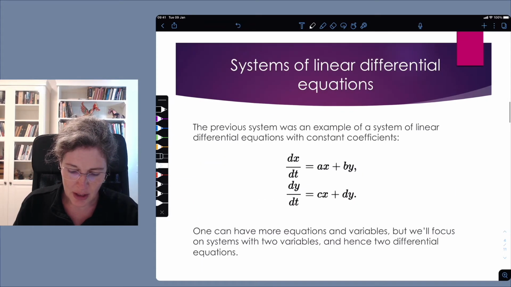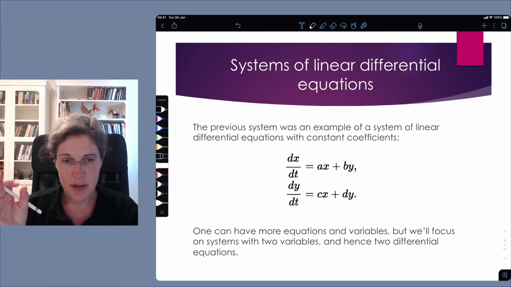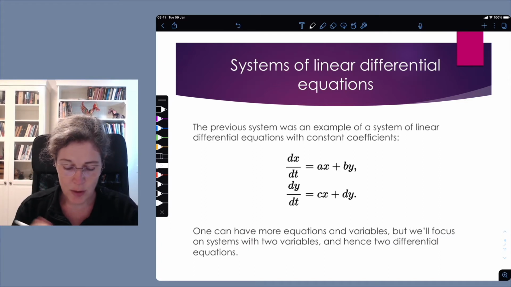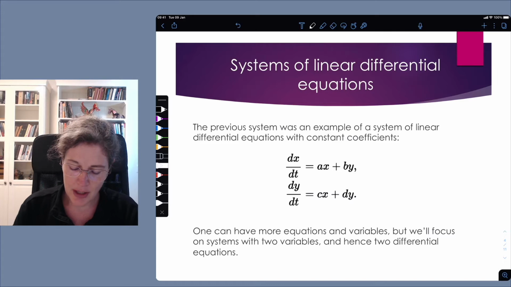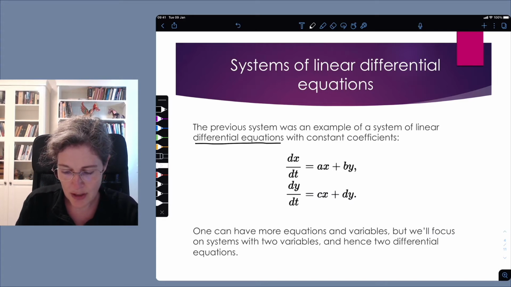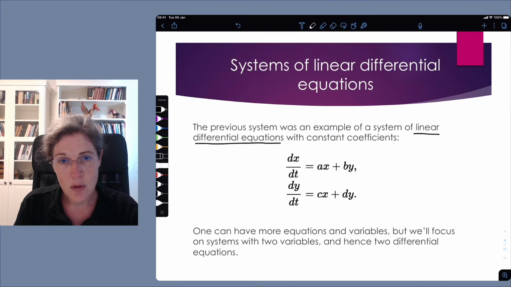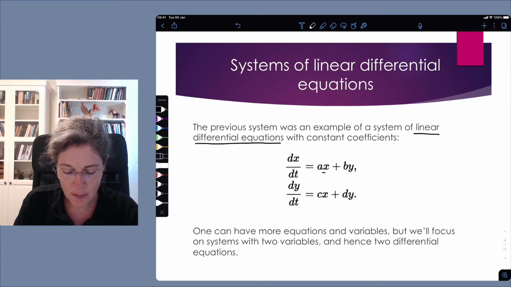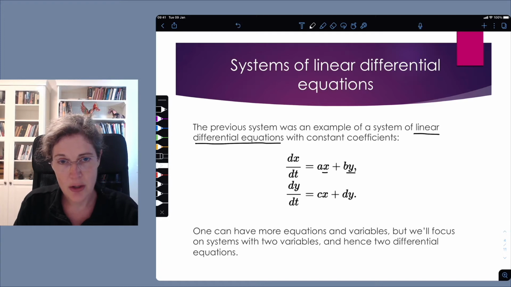Okay, so as usual, going from our example, this is a specific example of a general case of what is called a system of linear differential equations with constant coefficients. There's a lot of words going on there. We know that these are differential equations, so we don't have to worry about that. Why are these linear? Well, we've talked about linear functions already. These are functions where the variables only occur as themselves.